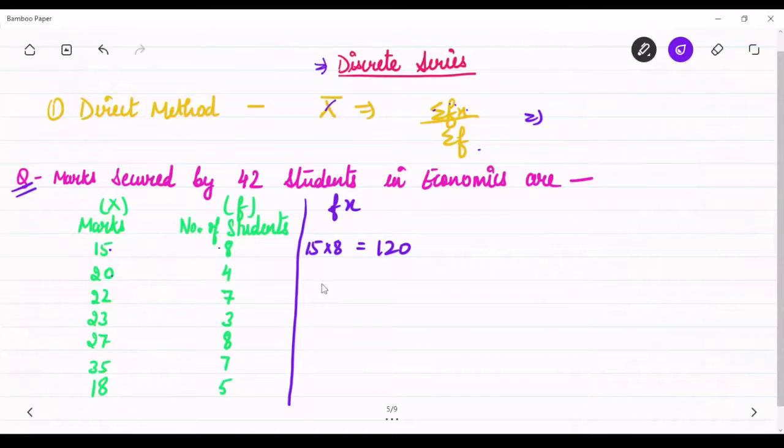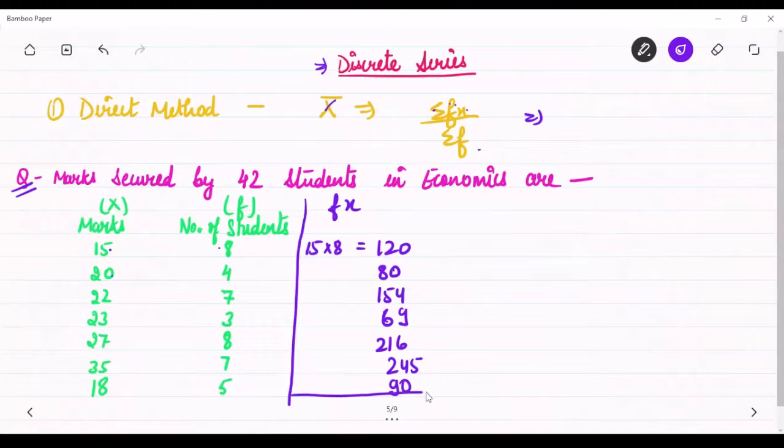Same here, 20 into 4, it is 80. 22 into 7 is 154. 23 into 3 is 69. Then 216. 35 into 7 is 245 and 18 into 5 is 90.